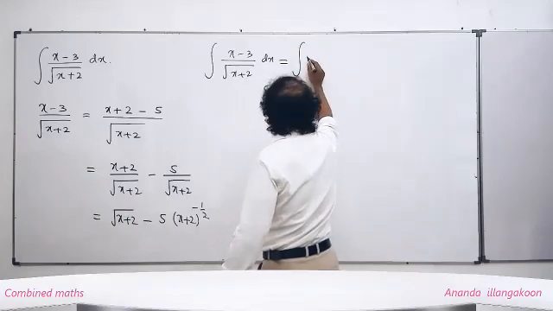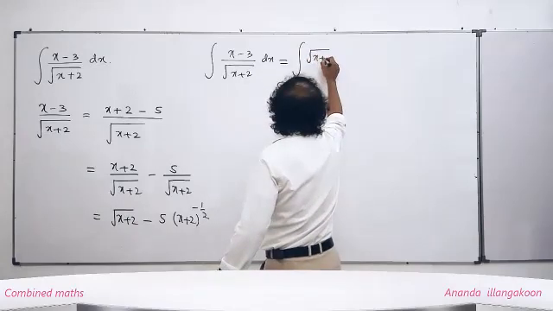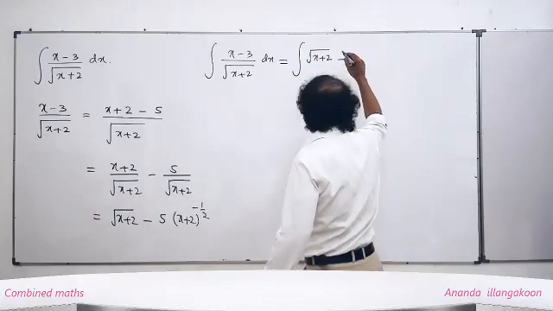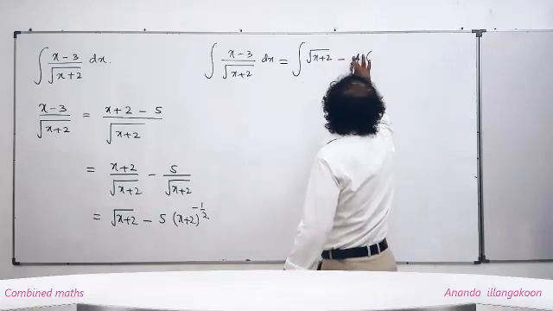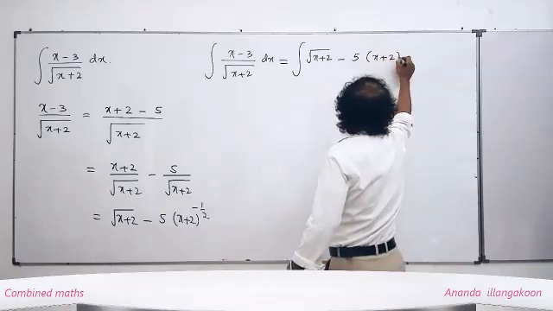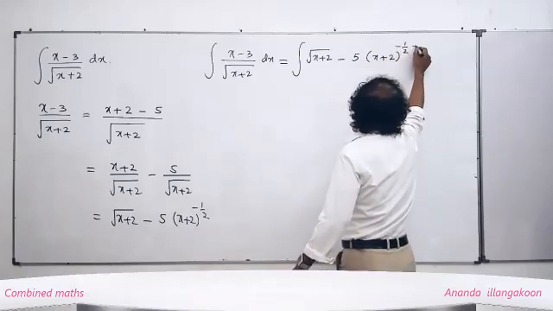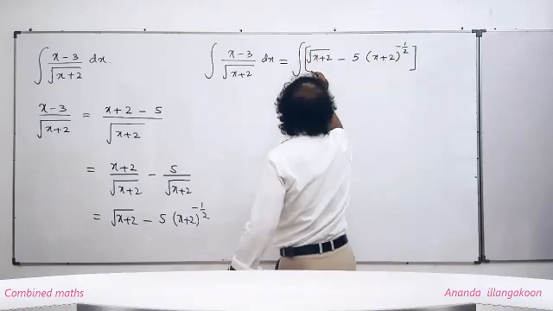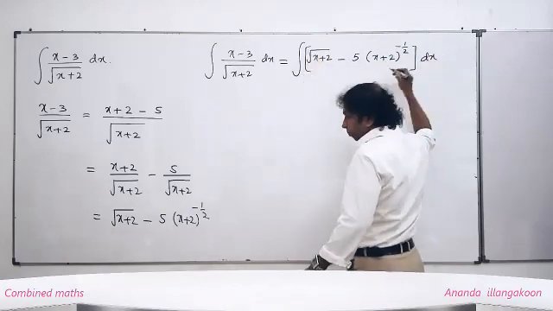This is now root x plus 2 minus 5 times x plus 2 to the power minus half. Right, like this.